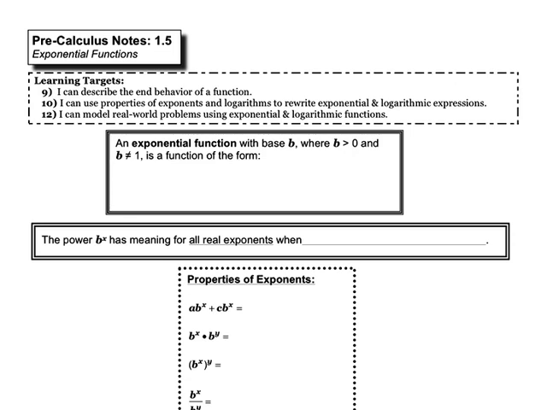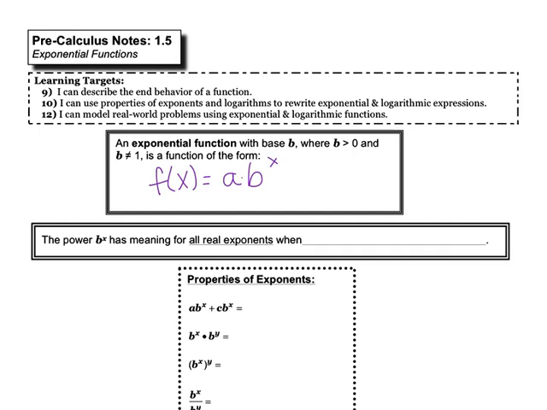So to start with, we will just review the definition, and that would be a function with a base b that is positive and not equal to 1 in the form of f of x equals a times b raised to the x. So should look familiar.